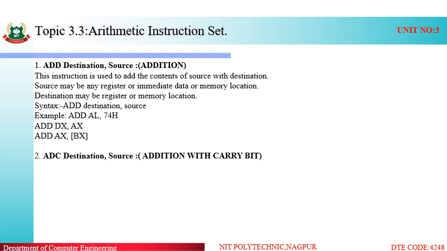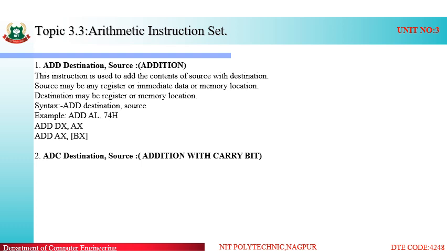Next instruction is add with carry, ADC, addition with carry bit, destination comma source. It is similar to the add instruction, but it performs the function of adding with carry bit. Simple add instruction will never add the carry bit if it is generated.